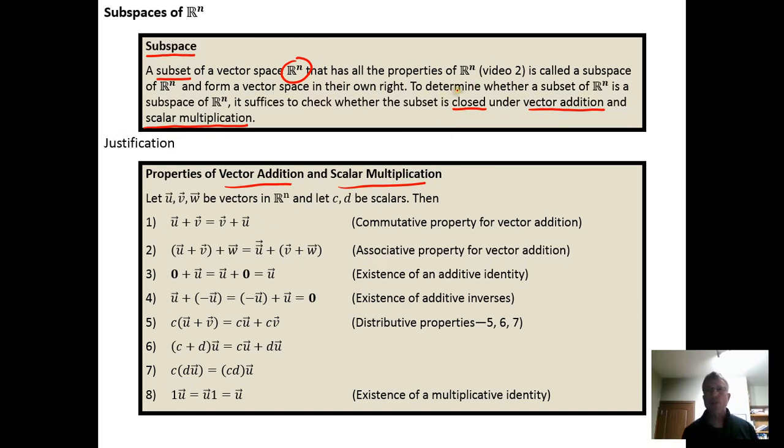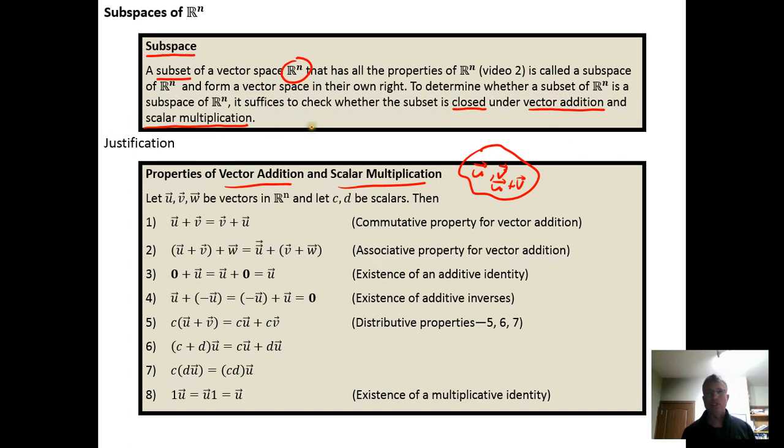So remember, closure under vector addition just means that if you've got a set and it has, say, a vector u and v in it, then closure under vector addition guarantees that in the subset u plus v lives in there also.